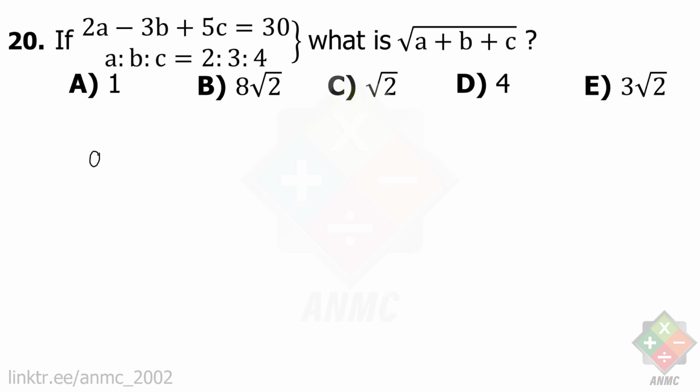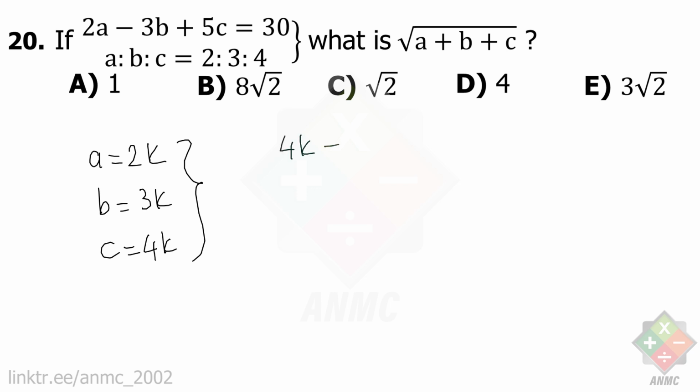In this notation, a is 2k, b is 3k, c is 4k. Then 2a is 4k, minus 3b is 9k, 5c is 20k, is equal to 30 given in the question. 24 minus 9, 15. 15k is equal to 30.